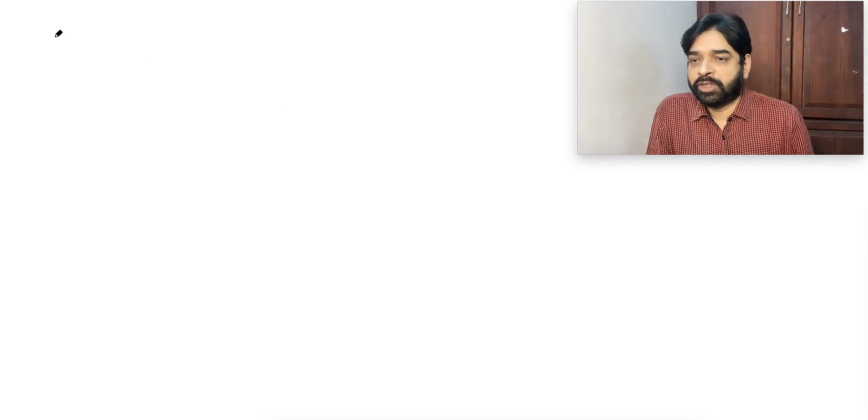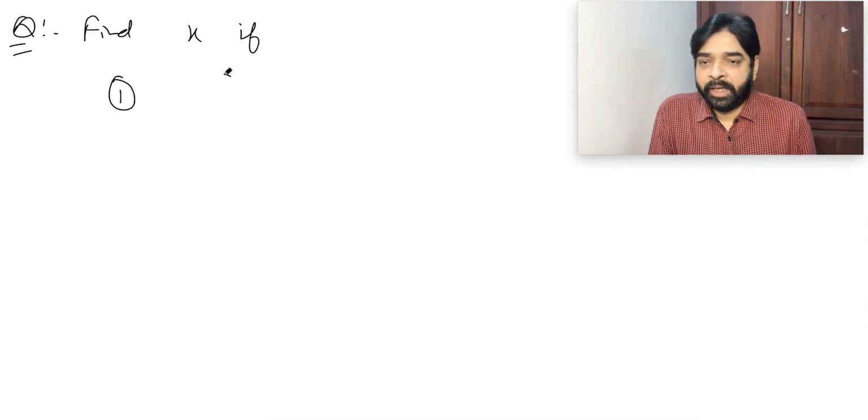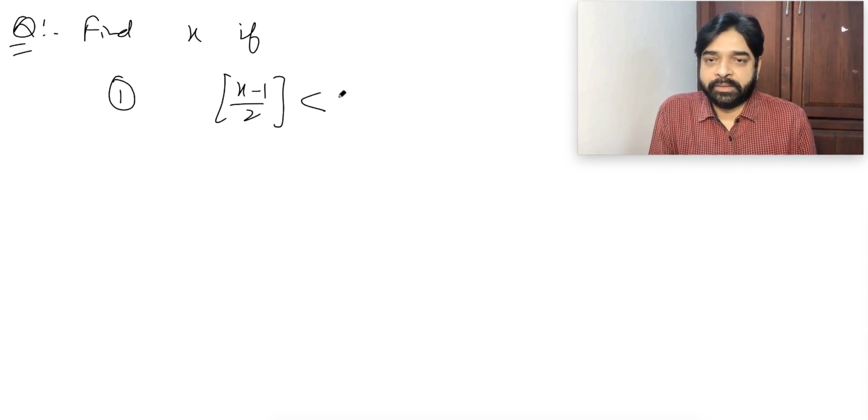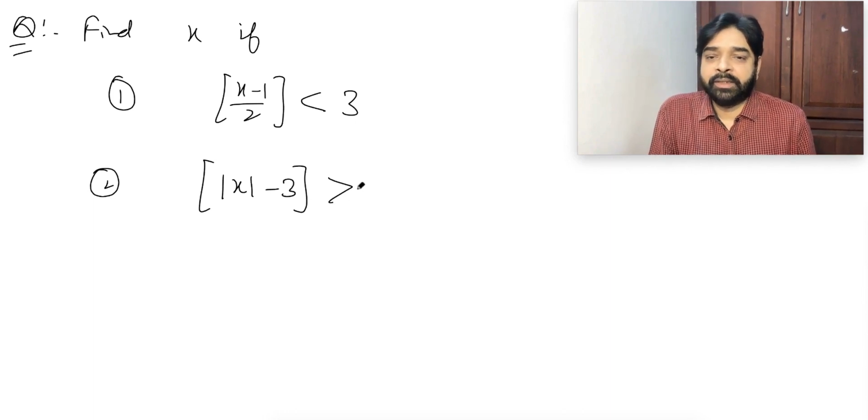Let's do a few simple questions. Find x. First part of the question: greatest integer of (x minus 1) by 2 is less than 3. Second part: greatest integer of mod of (x minus 3) is greater than 5 by 2.